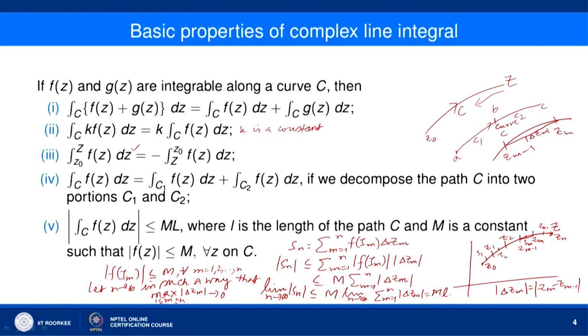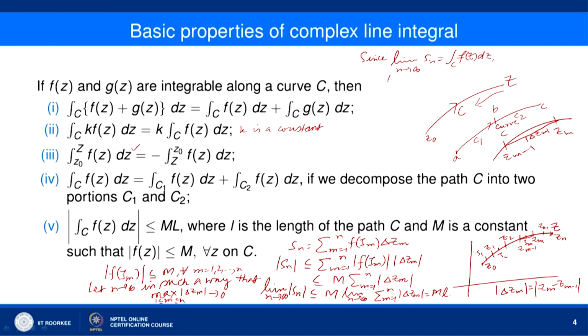So, limit n tends to infinity sigma m equal to 1 to n mod of Δzm will be equal to M into L. And we know that limit n tends to infinity Sn is equal to the integral over C f(z) dz.